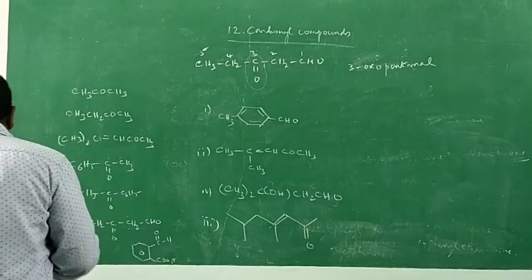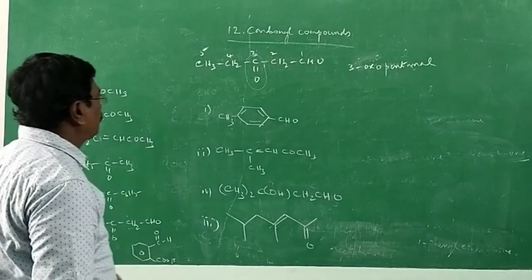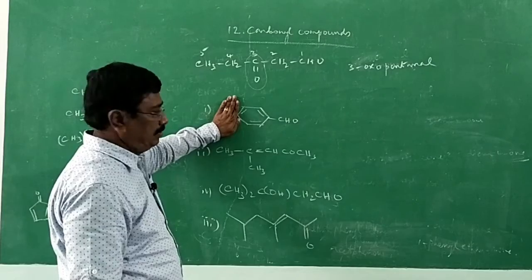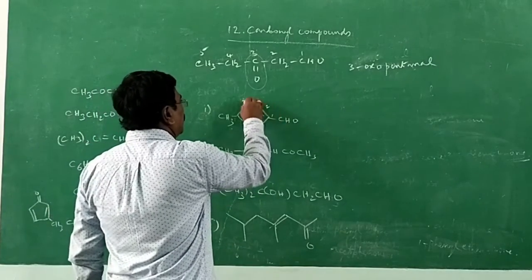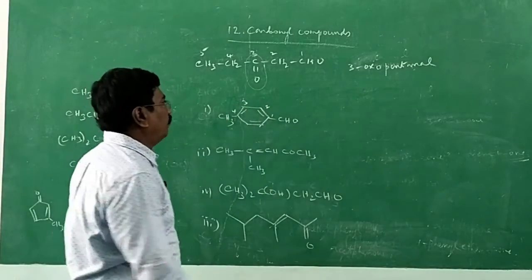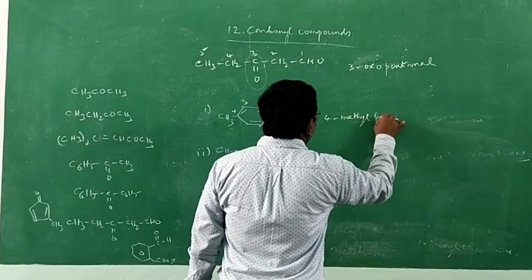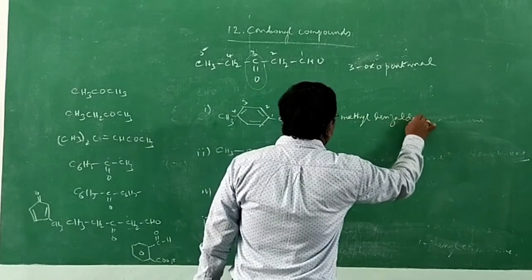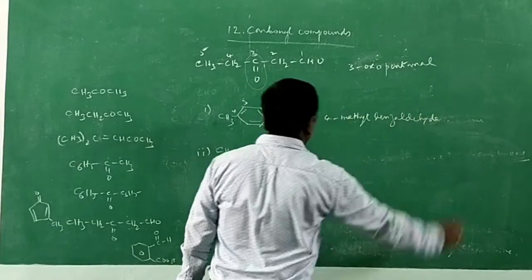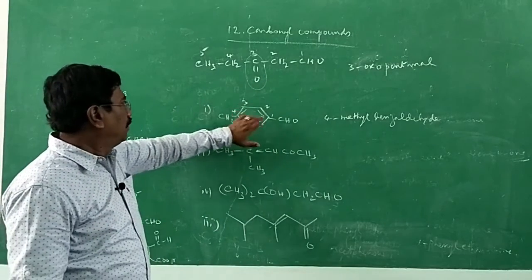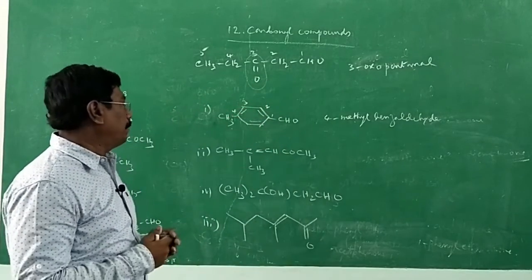So let us try IUPAC names for these compounds. It is benzaldehyde, phenyl methanol. At the fourth carbon atom we have methyl. Therefore 4-methyl benzaldehyde. That's all, very simple. Nothing wrong in saying 4-methyl phenyl methanol, but better benzaldehyde. Benzaldehyde, IUPAC accepted.